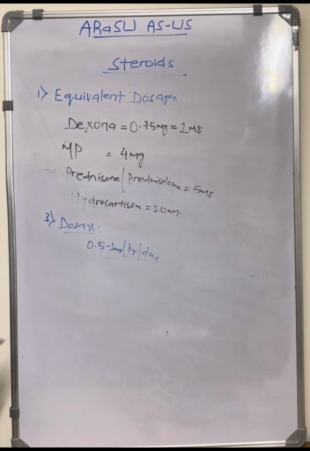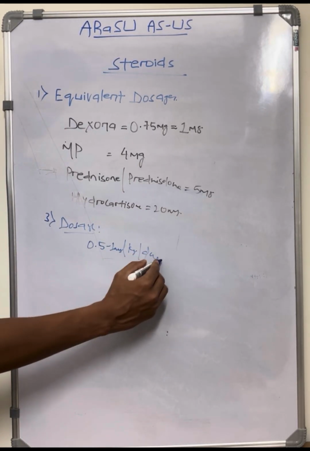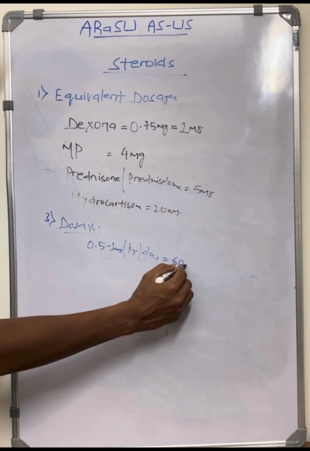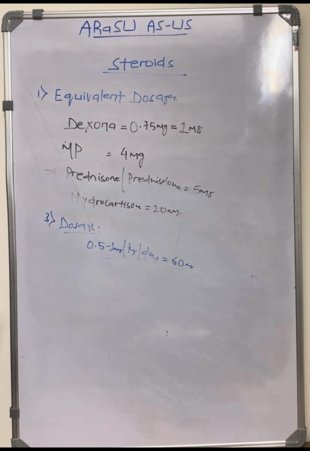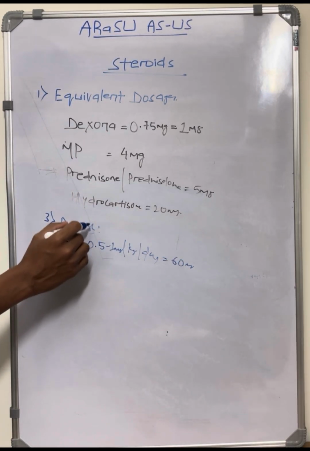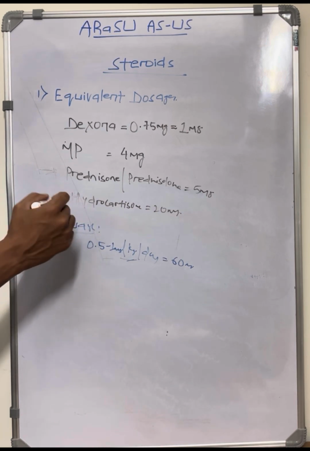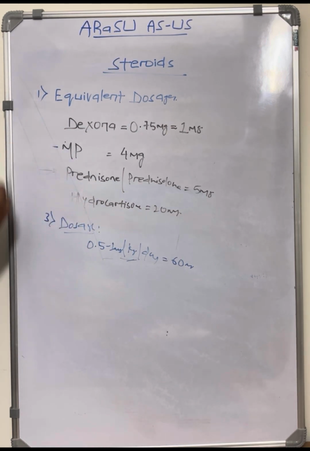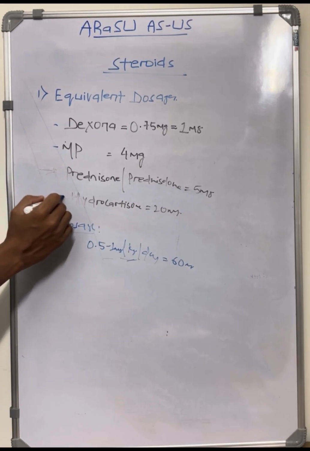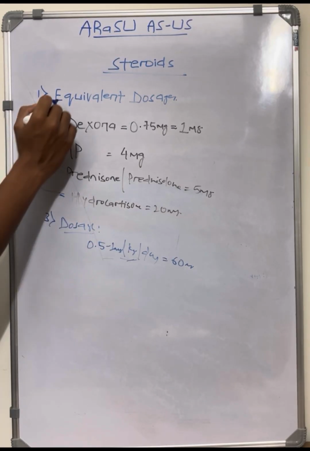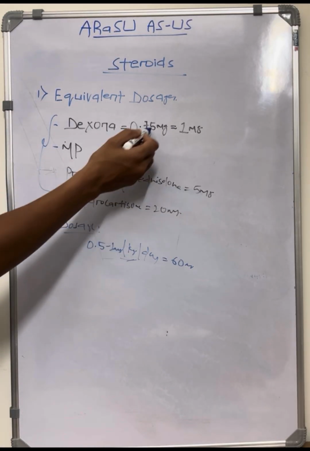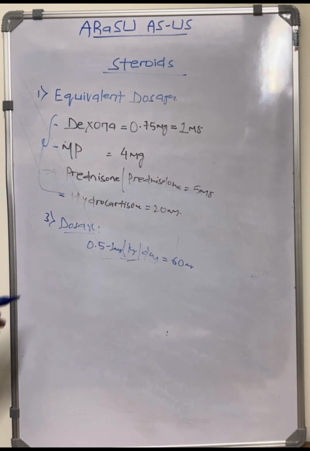So suppose we consider an individual of about 60 kg, it will come to about 60 mg of prednisolone or prednisone. This will be the dosage. Similarly, if we are using methylprednisolone, dexamethasone or hydrocortisone, we have to utilize the equivalent dosage and convert accordingly. Then only we should use it. No random dosage should be followed here. So this is the important thing.